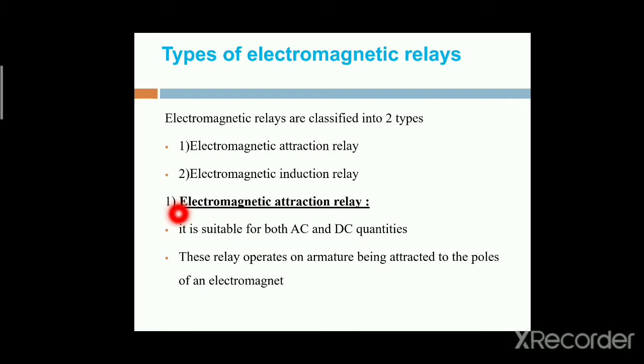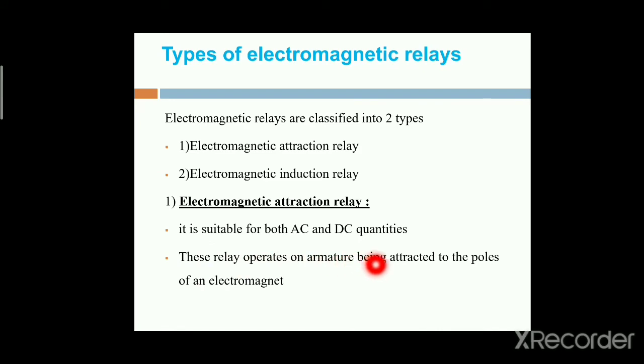Electromagnetic attraction relays are suitable for both AC and DC quantities.